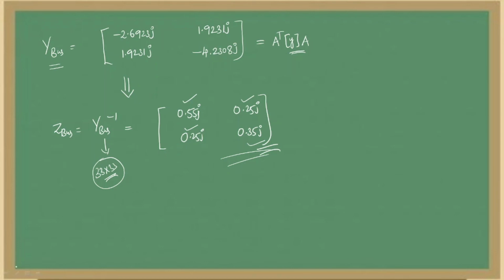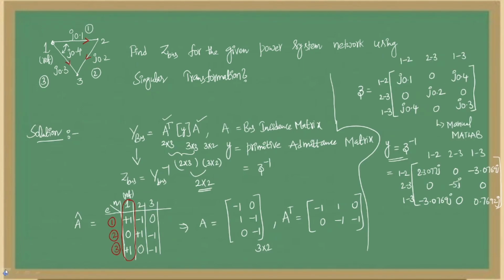Hence we prefer building algorithm, which is the formation of Z bus matrix step by step with the help of various partial networks, which is easy. So finding the Z bus matrix using the building algorithm is the method which is actually followed in digital computers, because it is very difficult to find inverse of Y bus matrix for a large power system.